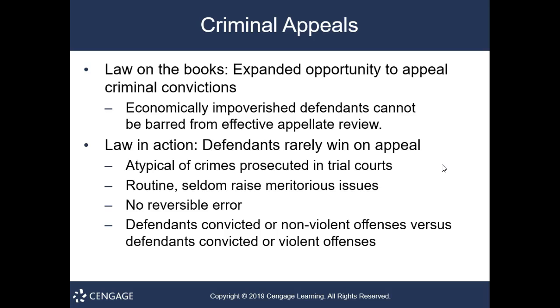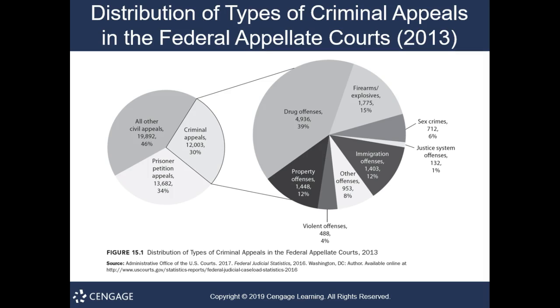And the reason for that just makes sense. Violent offenses are ones that appellate courts don't want to reverse unless they absolutely have to. These are people who had their time in court, and if they had basically a fair trial, we're going to go ahead and affirm the decision.